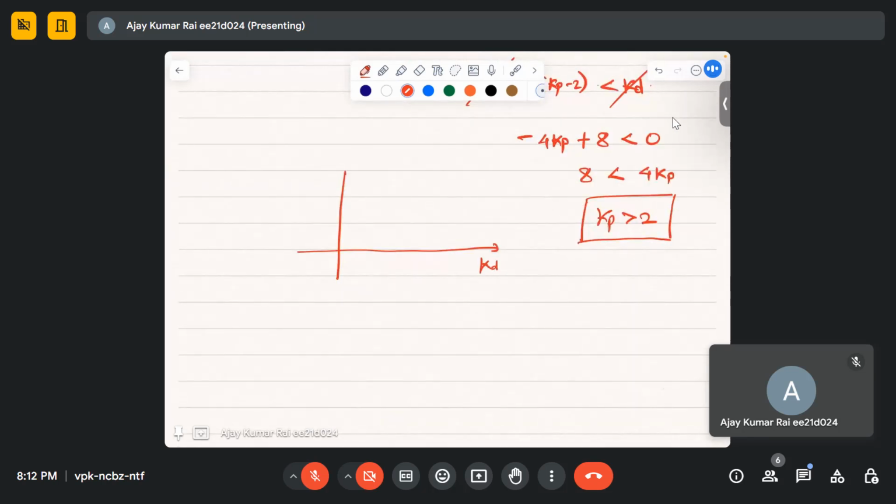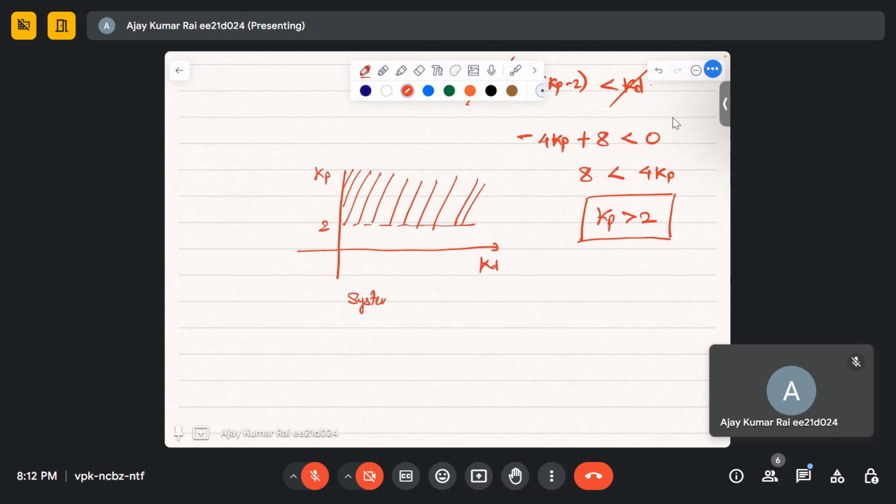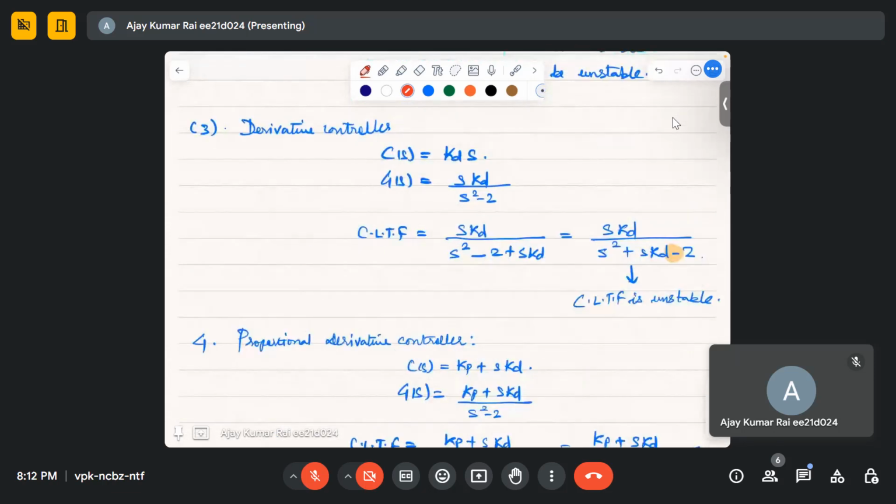So for KP greater than 2, the system will be stable for these values of KP and KD.